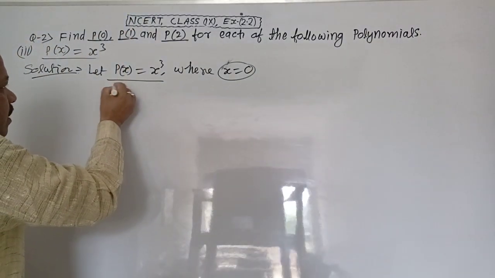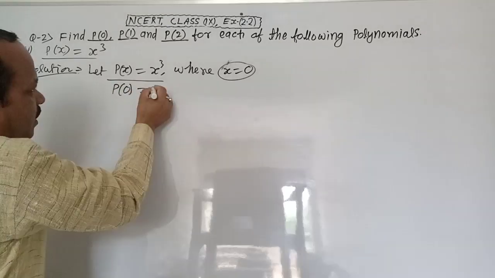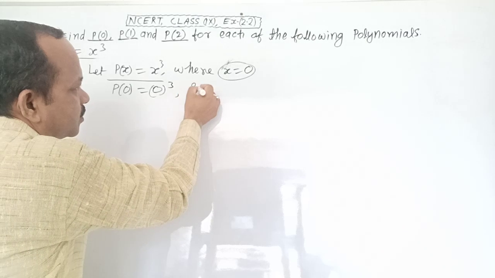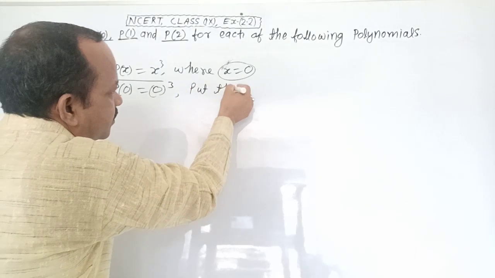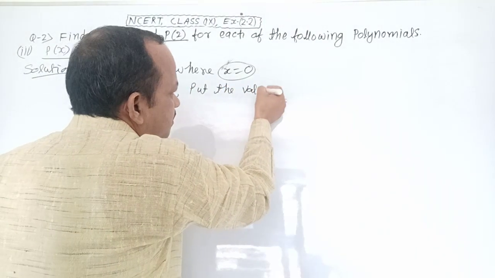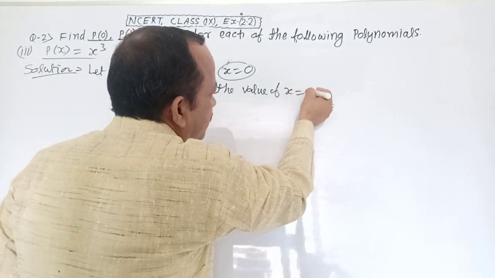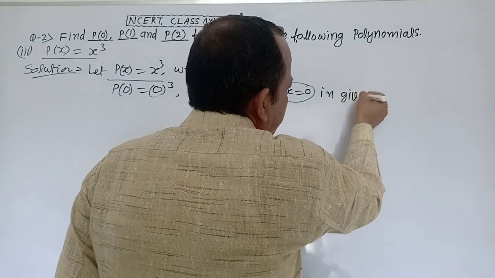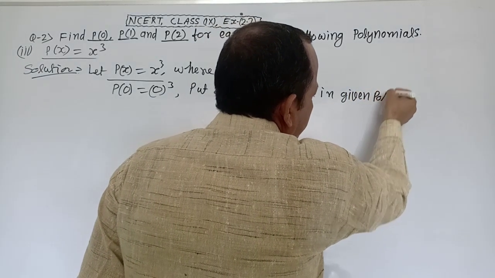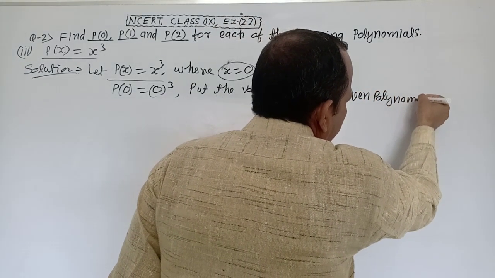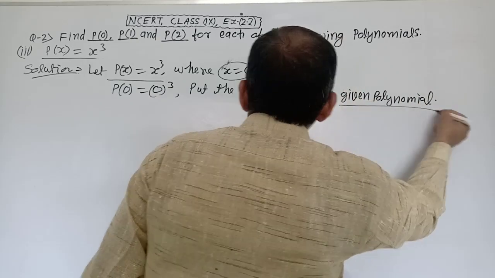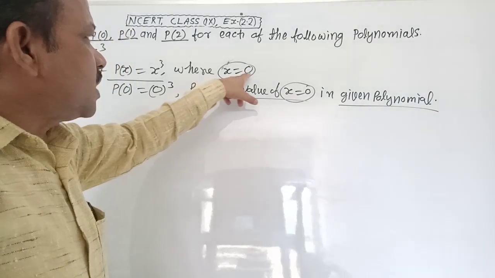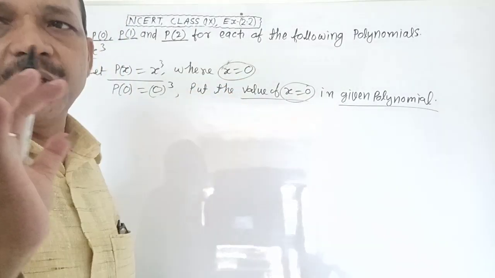Now p(0) equals 0 cube. Put the value of x equals 0 in the given polynomial. It is clear? Put x equals 0 in the given polynomial.